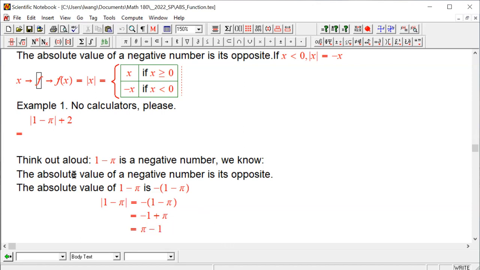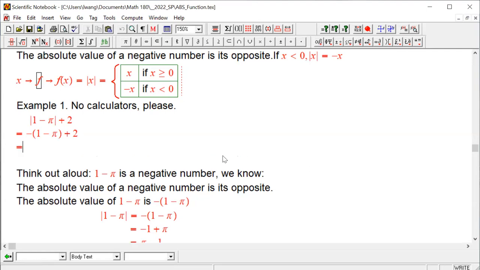Now, once we've done this, we can drop the absolute value of 1 minus pi because we know 1 minus pi is negative. And therefore, you can either substitute by the next step here, or you can also do just pi minus 1. Pi minus 1 plus 2.